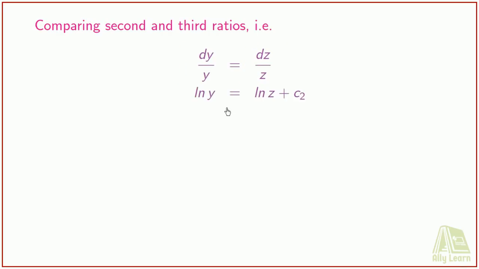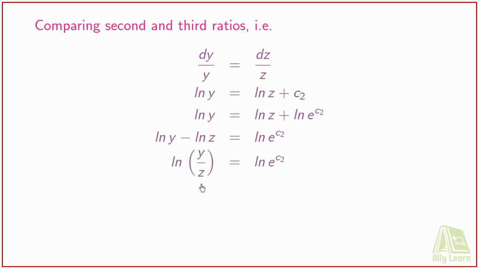So we apply integration on both sides to get natural log y equals natural log z plus a constant c2. Again, as before, we will express this c2 in this manner, natural log exponent of c2. Now we take natural log z over there and we get this expression, and again as in the previous case we write this as natural log y over z.